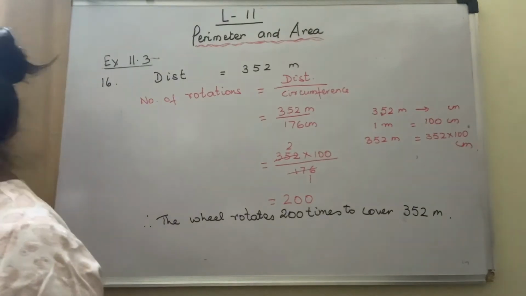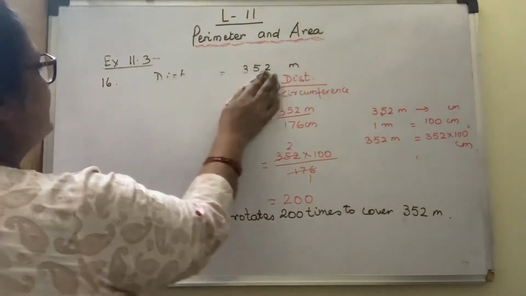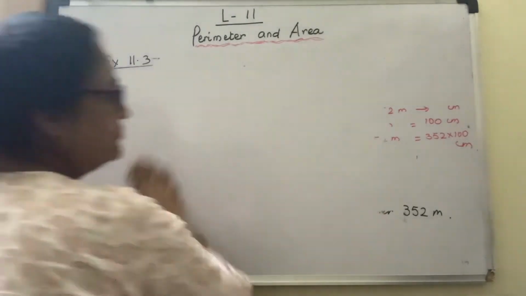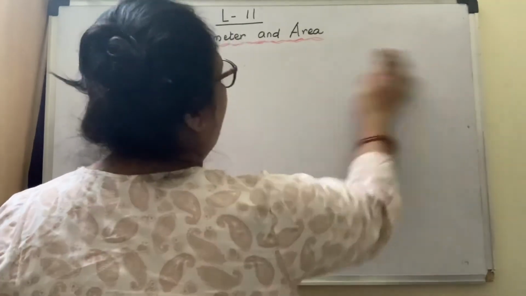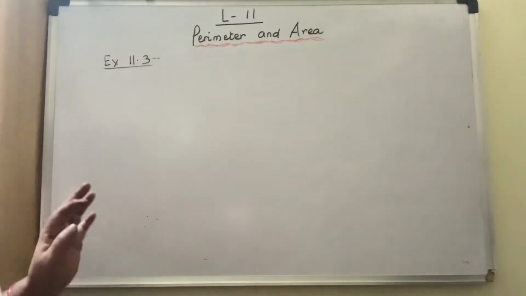Right. Now we go on to our next part, that is conversion of units. Conversion of units is important when we are finding area as well as distance.